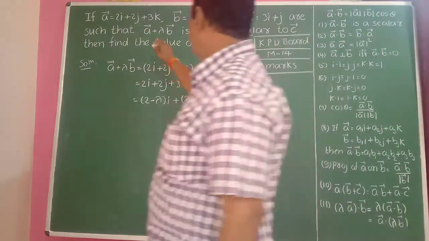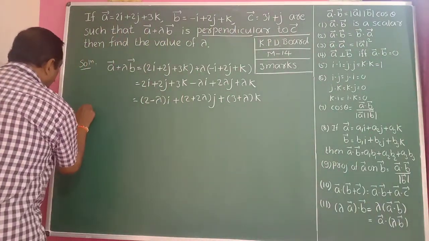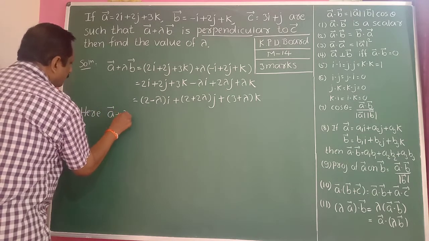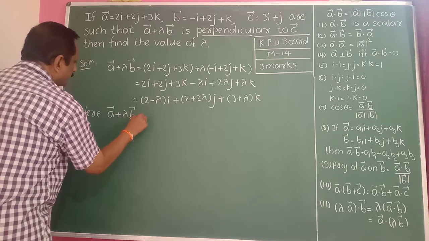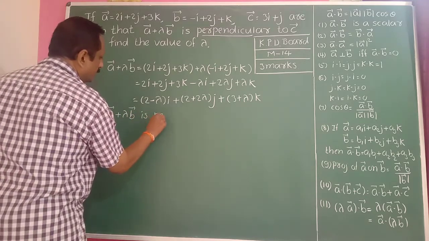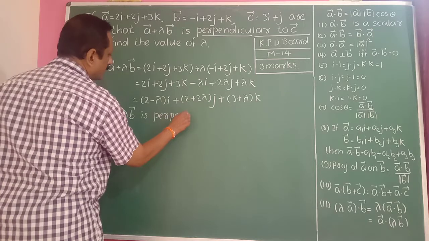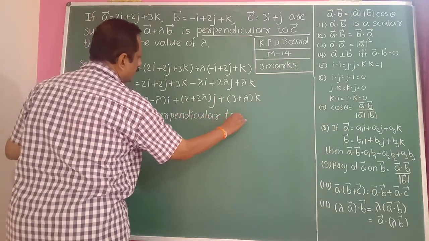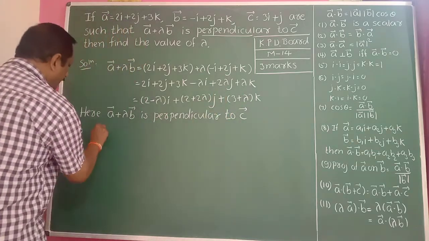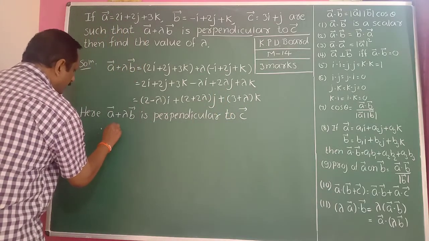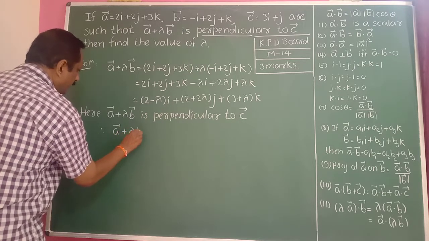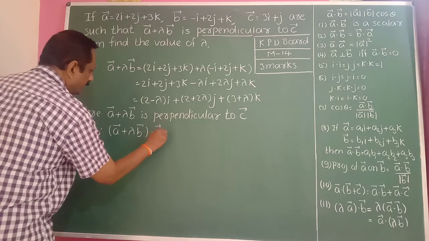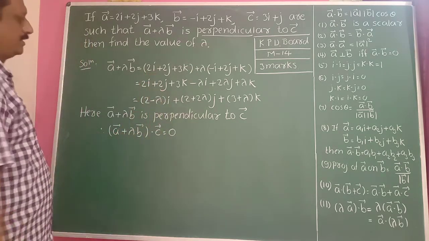Therefore, here a bar plus lambda into b bar is perpendicular to the vector c bar. Therefore, a bar plus lambda into b bar dot of the vector c bar is equal to 0.